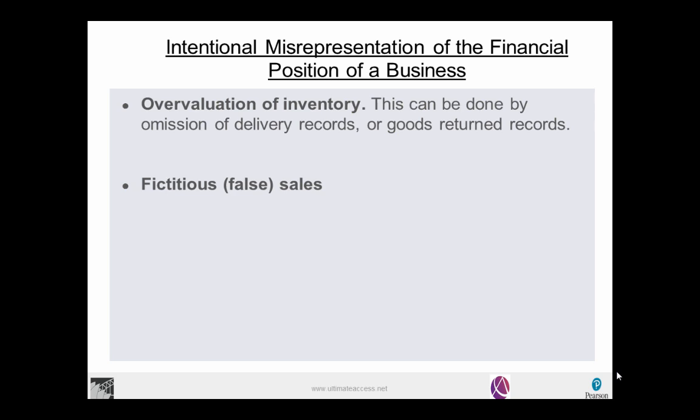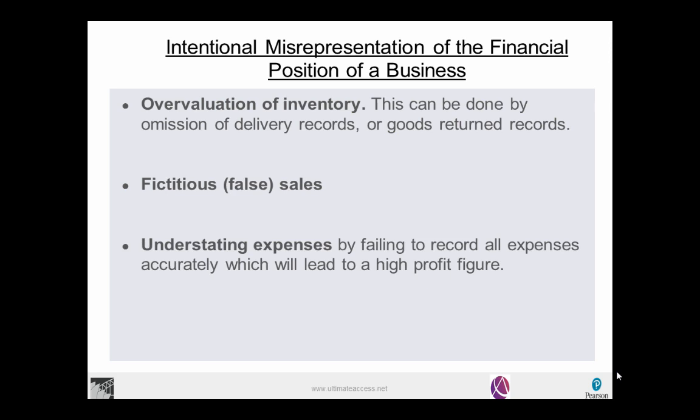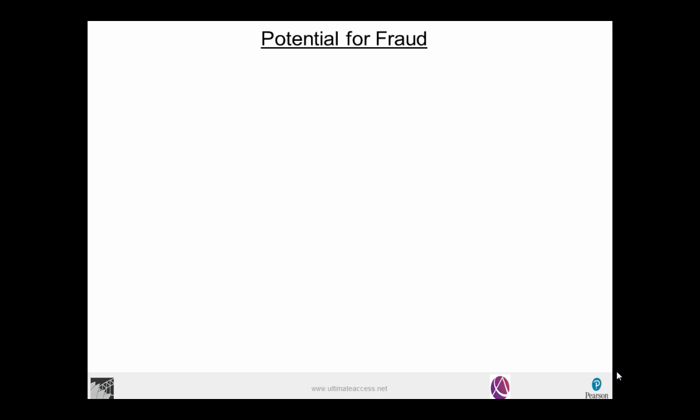You show that you've made sales to certain people or customers, but in real sense you have not. And this tends to really misrepresent the financial position of a business. Three is understating expenses by failing to record all expenses accurately, which will ideally lead to a high profit figure. So it tends to deceive quite a number of stakeholders that you're doing well, but in real sense, you're not.